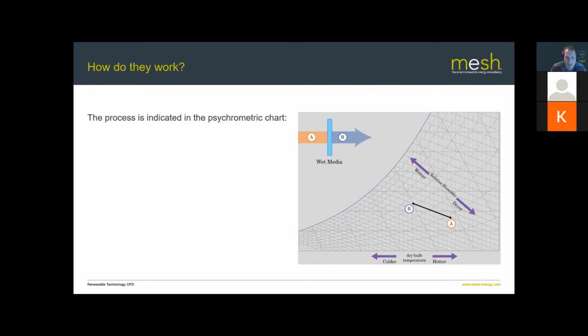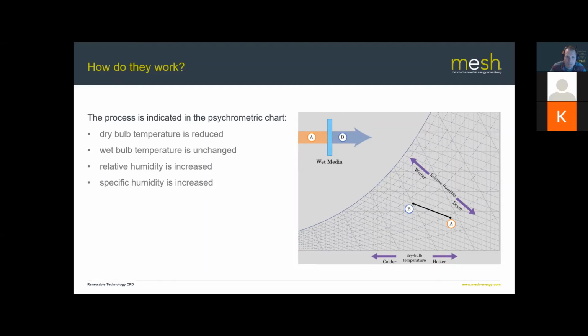At B, it's at higher relative humidity, but you can see how the temperature is dropping, even though you're on the same energy line on the chart. And that is what is happening here: you're moving from point A to point B on that chart as it goes through the mat. So the dry bulb temperature is reduced, the wet bulb temperature is unchanged, the relative humidity increases, and the specific humidity also increases.